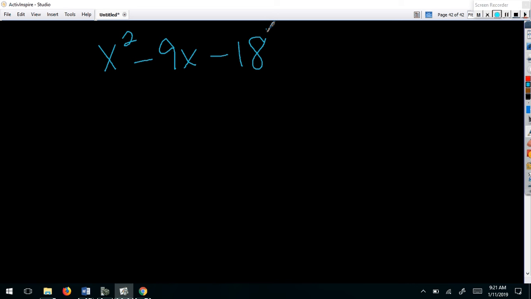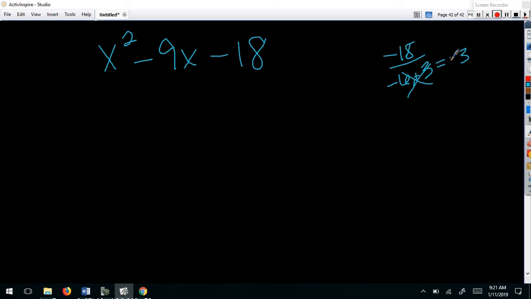All right, so I was really putting this one up here to trick you a little bit, since I'm so mean. A times C is what here? Negative 18. So what two numbers multiply to negative 18 but add to negative 9? I hear negative 6 and positive 3, but those add to negative 3, so that doesn't work.